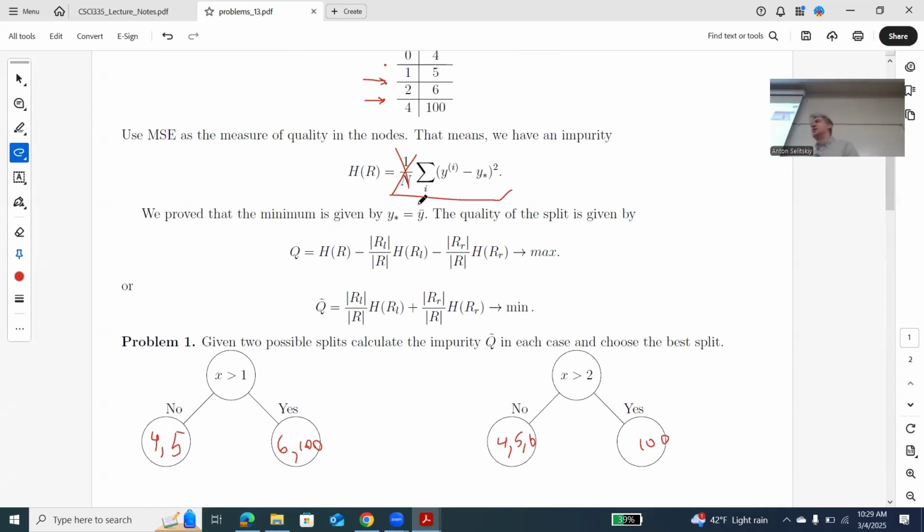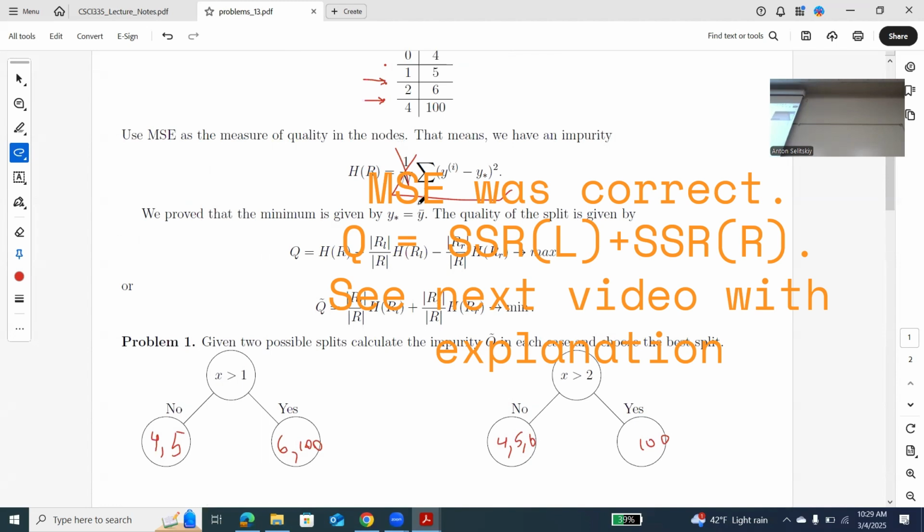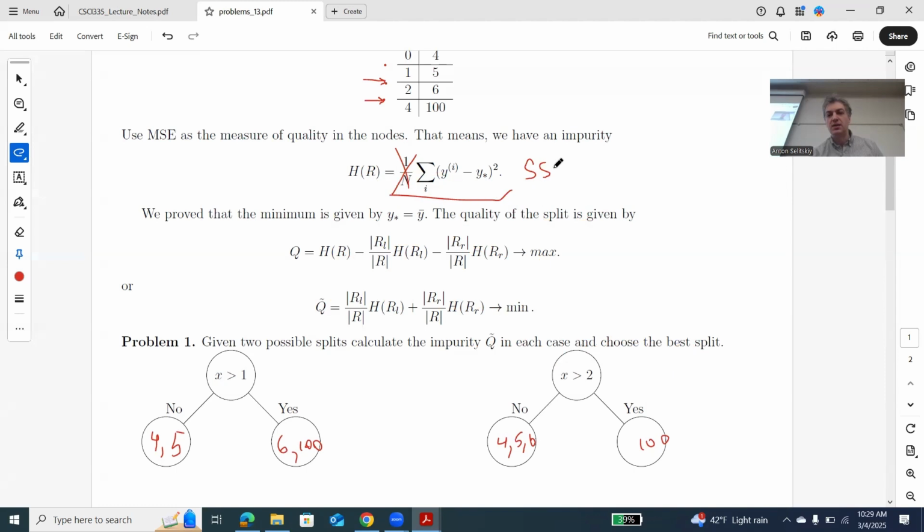So we kind of use MSE loss, but without division by n, because if we use this fraction later, the number of points in the left class is exactly the same as the denominator here, and they will cancel out. So we will use the unnormalized sum of squared residuals. So it's the same as SSR. Okay.